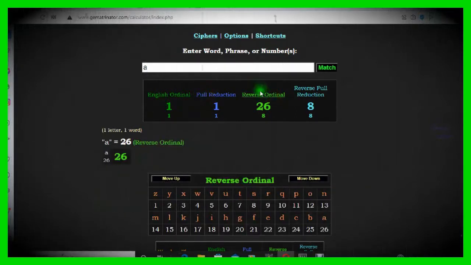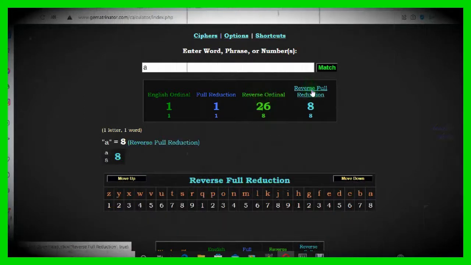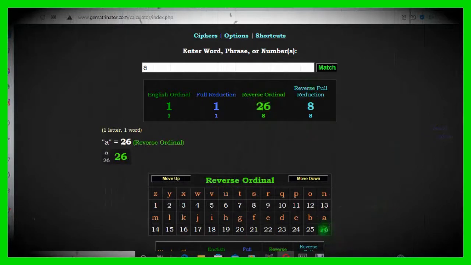Now, if I reverse the alphabet, meaning Z would be 1, and A would be the last, AKA 26th letter of the alphabet, then as you can see, the value of A now becomes 26, and the same thing if I reduce it, because it's 2 values, 2 plus 6 now equals 8. So these 4 ciphers, each one of these are called ciphers.